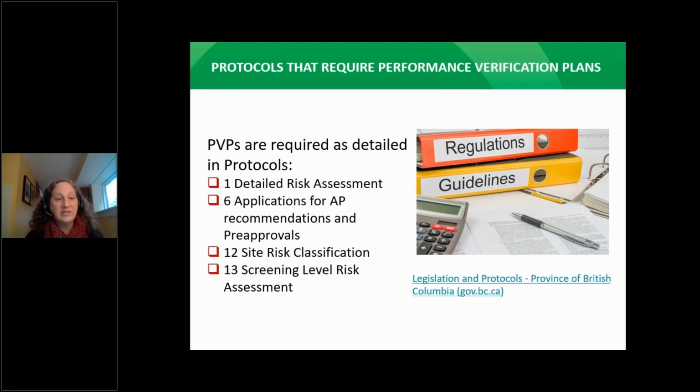Protocol 12, site risk classification, reclassification, and reporting. And Protocol 13, screening level risk assessment. These protocols can be found on our website, and the link is shown here on the slide. And just to reiterate again, PVPs are required by these protocols when risk controls are necessary. Next slide, please.